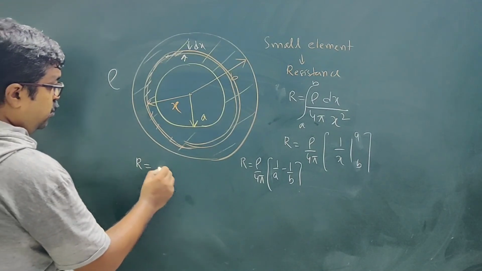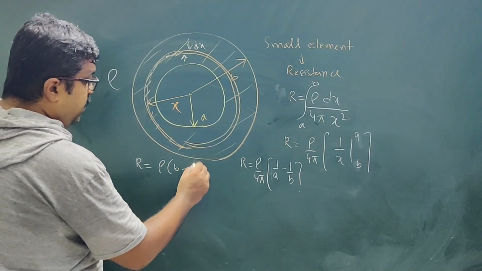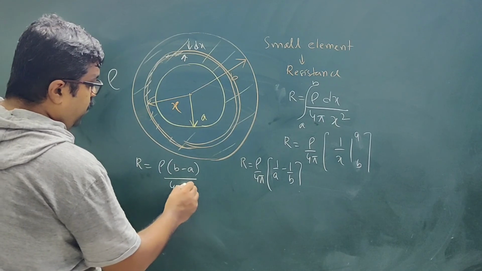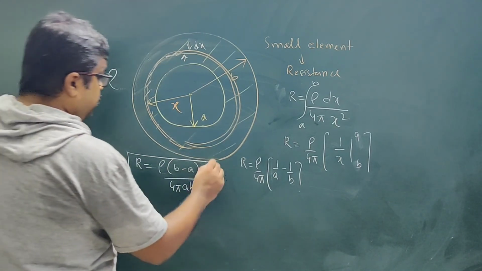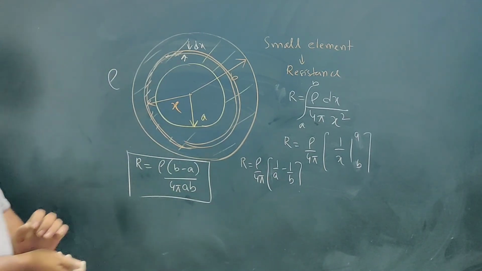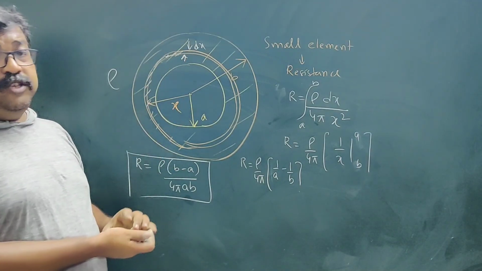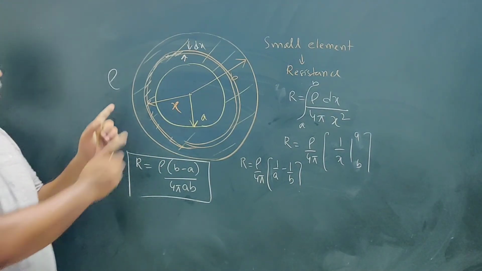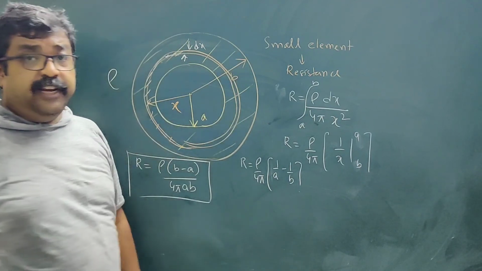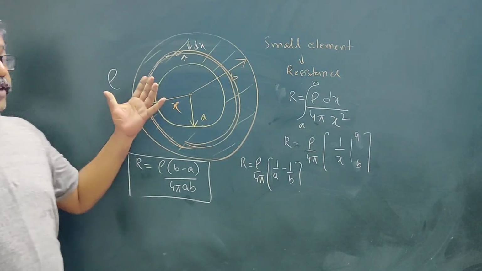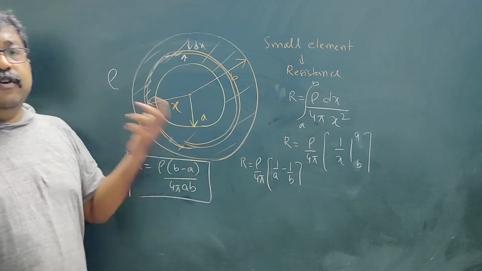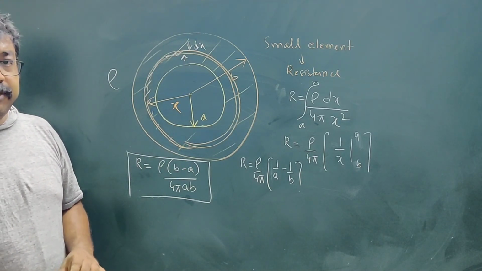So R is equal to rho (b minus a) divided by 4 pi ab. This is the expression for the resistance of a hollow sphere, where the current is flowing in the radially outward direction. This is how we can calculate the resistance for various geometrical shapes.